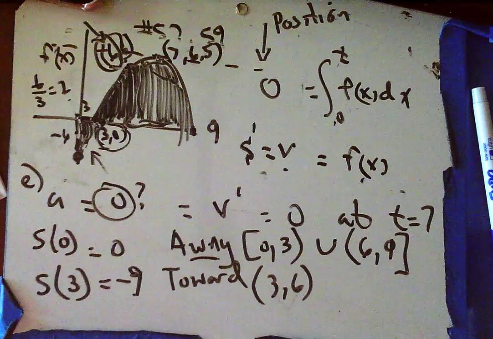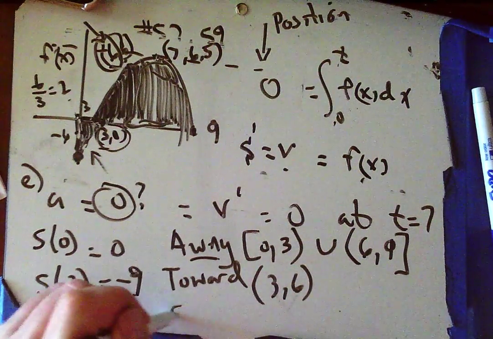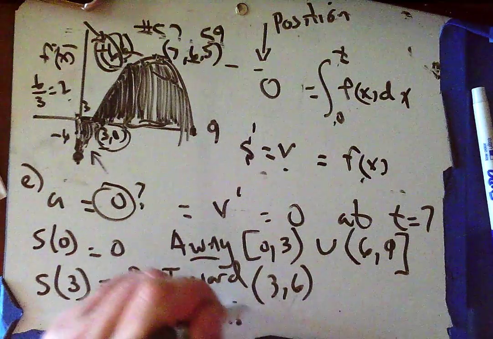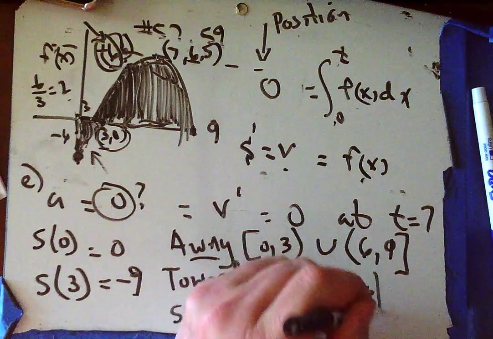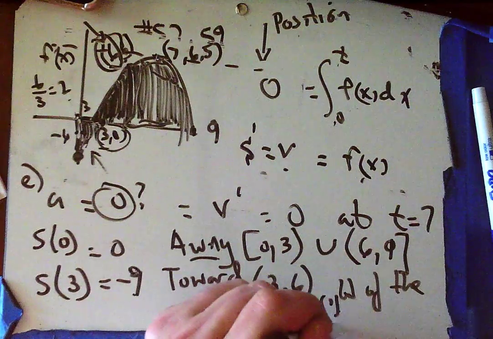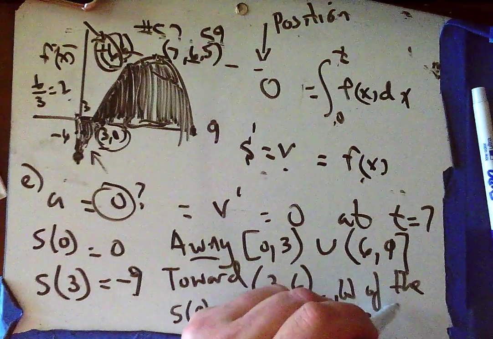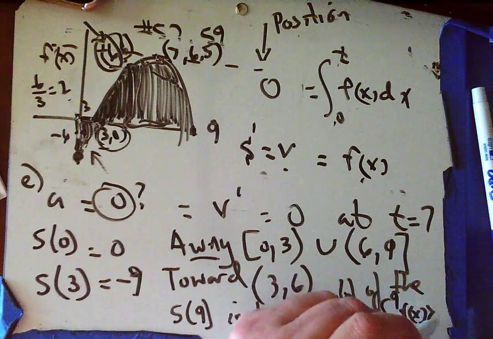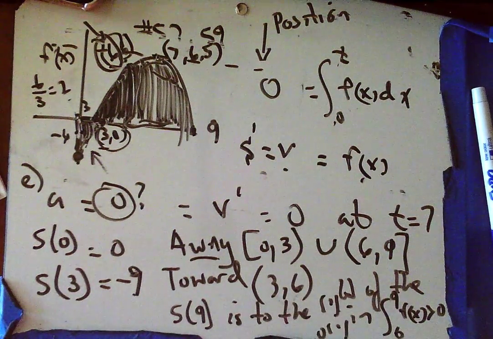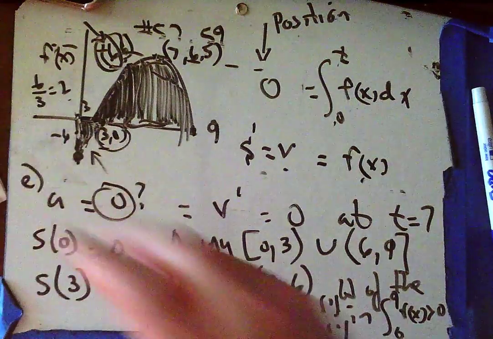We know that S of 9 is to the right of the origin. And if we had to justify that, I'd say because the integral from 6 to 9 of f is greater than 0.